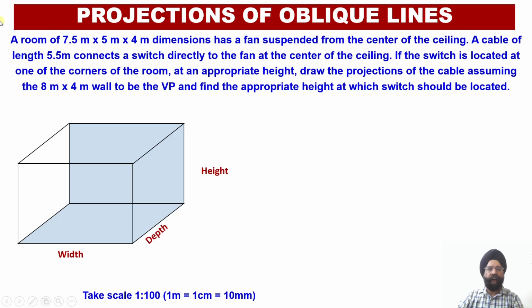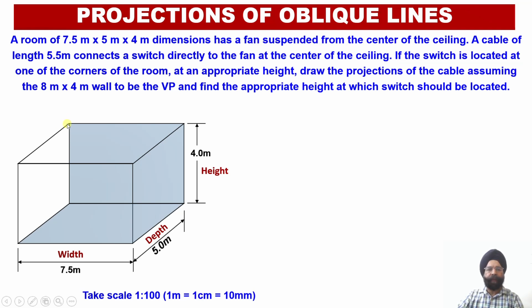So here we have got a room which is measuring 7.5 meter wide, 5 meter in depth, and 4 meter in height. Into this room we have got a fan suspended from the center of the ceiling.